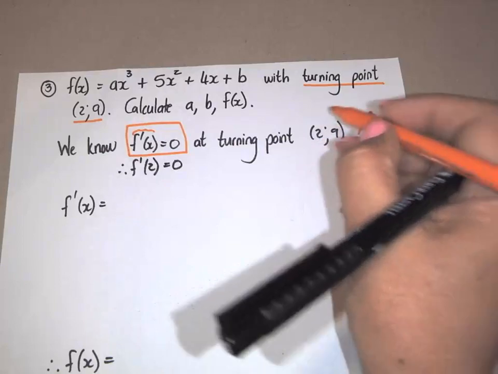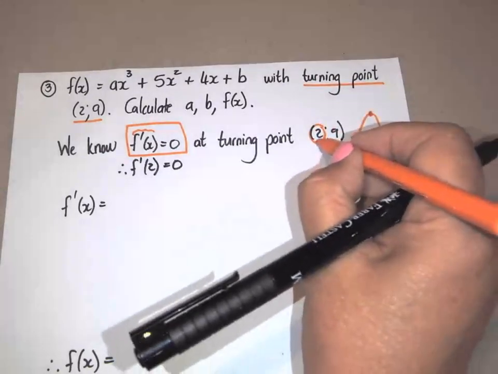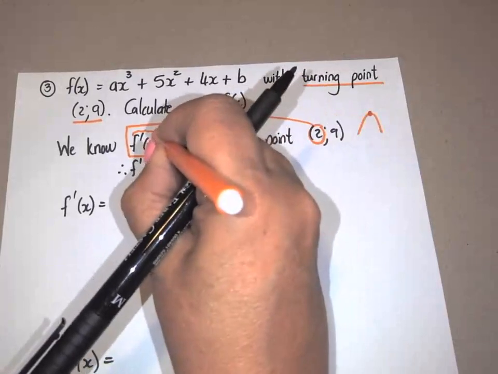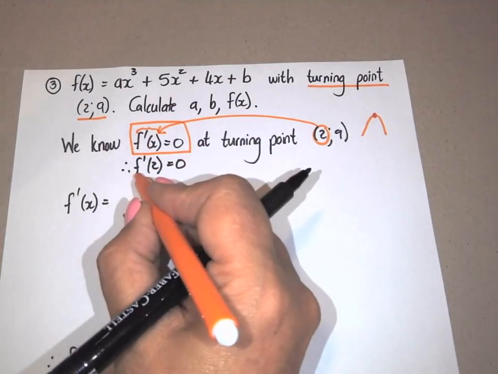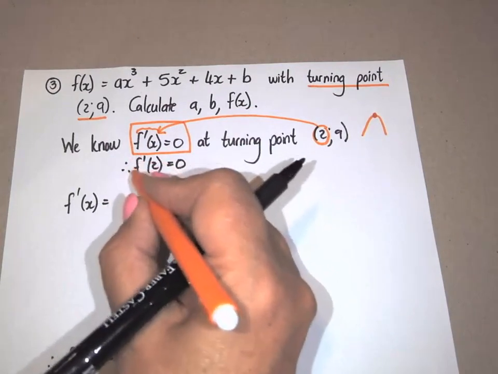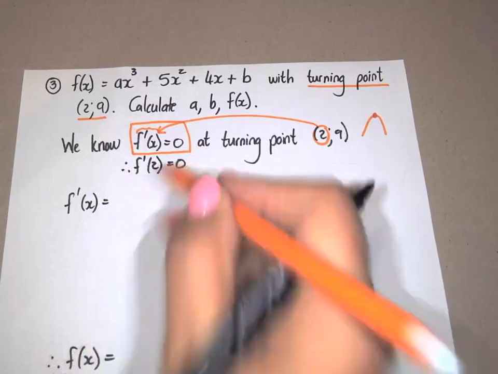But we also know that we can substitute the x value into this gradient or turning point formula. Therefore, I'm going to determine the first derivative where x is 2 and set it to 0.